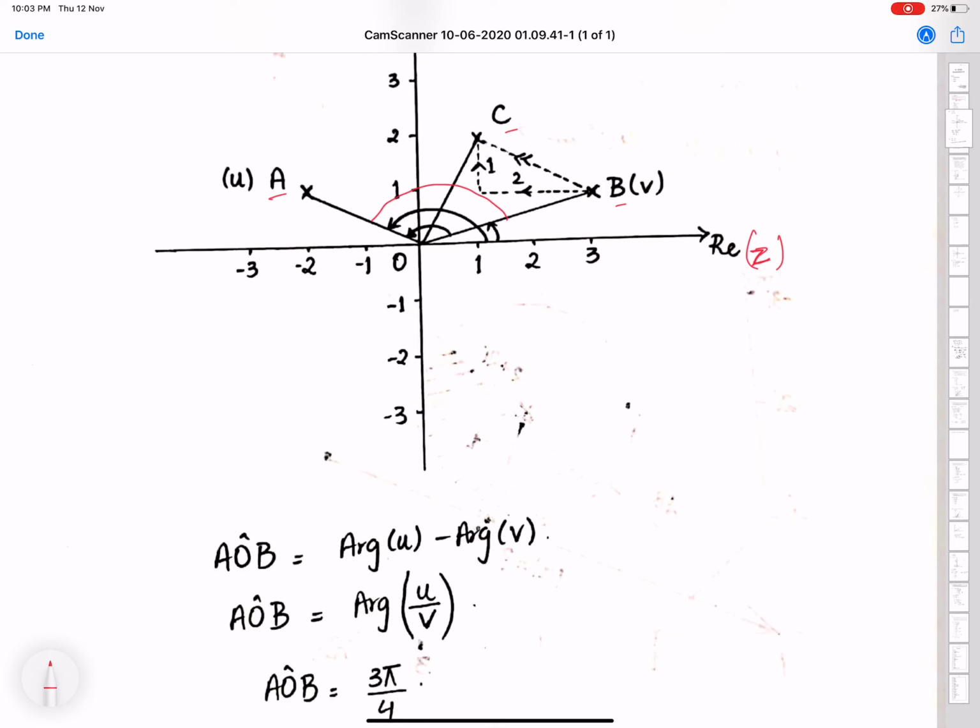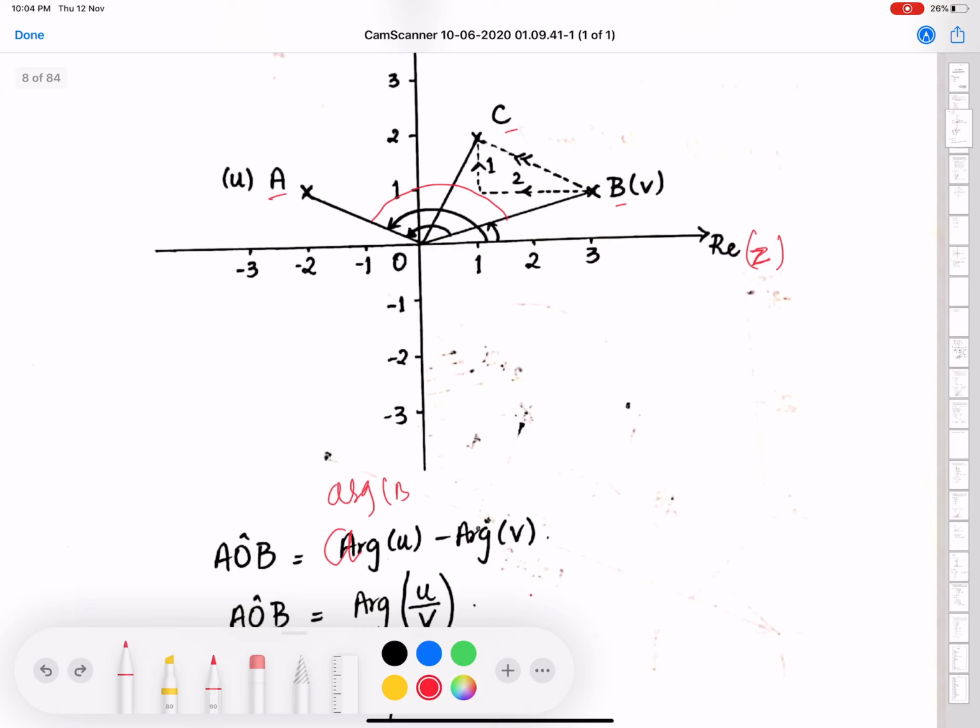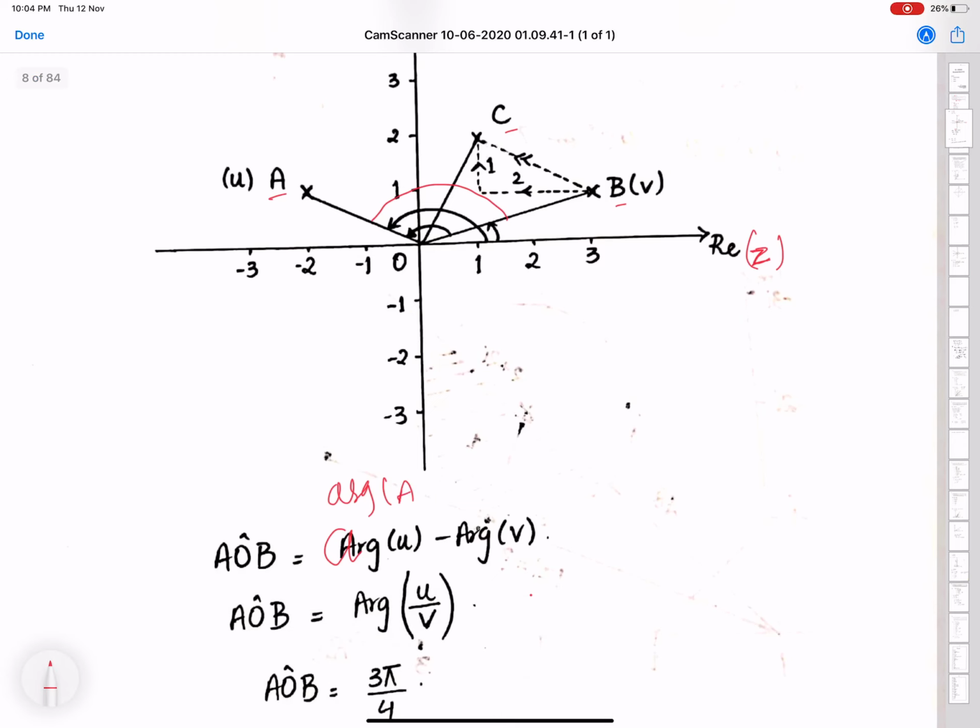For this angle we just need to write argument A minus argument B, and please use small letters for argument. Argument A minus argument B.